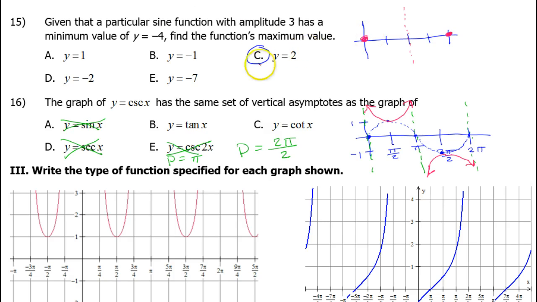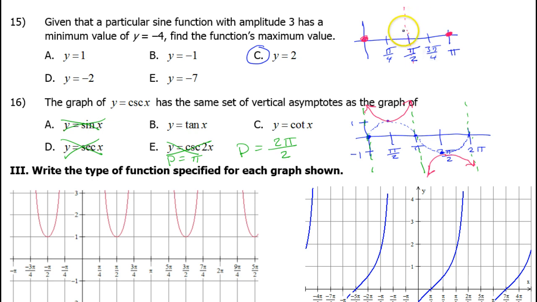Okay? Now, the thing that makes this a little bit special, we got to watch out for it, is that the period of tangent and cotangent are going to be different than sine and cosine. Sine and cosine, and therefore secant and cosecant, they have a period of 2 pi. But remember, tangent has a period of pi, and so does cotangent. So that means this is pi, and that means this is pi over 2. Okay, and this would be pi over 4 and 3 pi over 4.